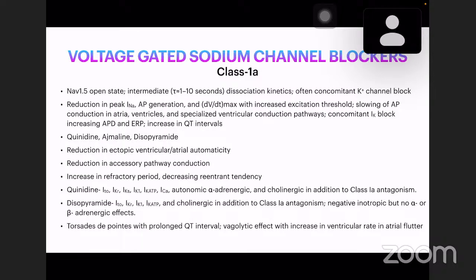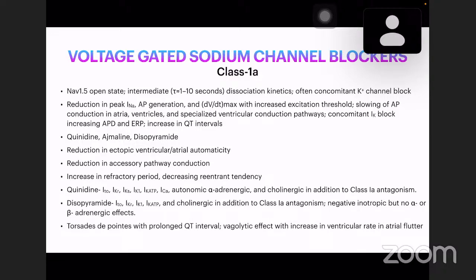Apart from this, these individual drugs act on different channels and cause class 1A antagonism also. Along with class 1A antagonism, they act on these channels to decrease the heart rate. So it decreases the inflow current of potassium, ATP, calcium, everything.